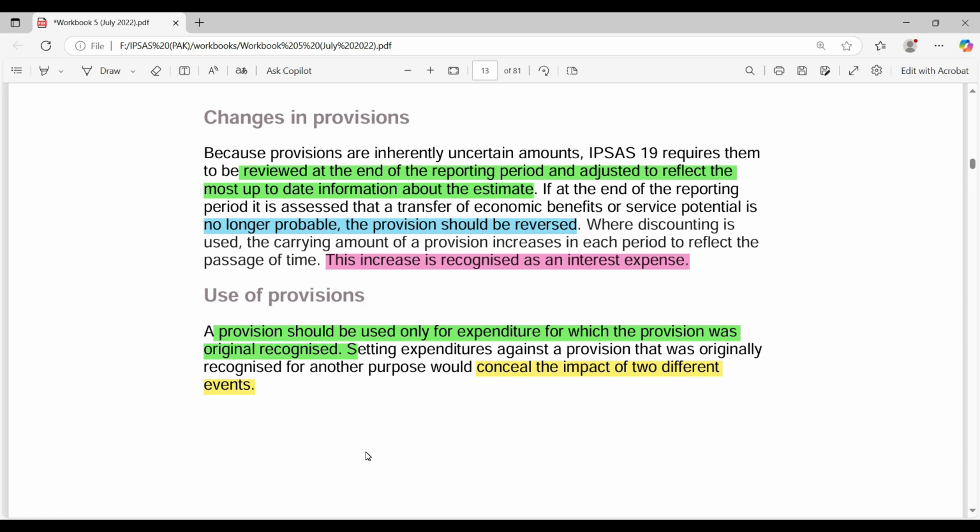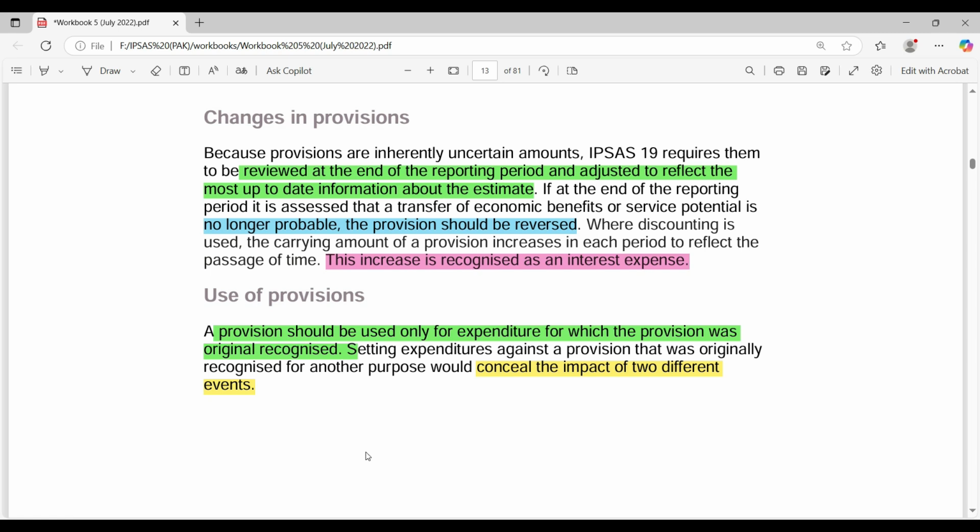Changes in provisions. It is a question whether you change the provisions or not. Yes, you change the provisions. It may depend upon many factors. A discount factor may be changed or any other new legislation may affect your provision amounts.